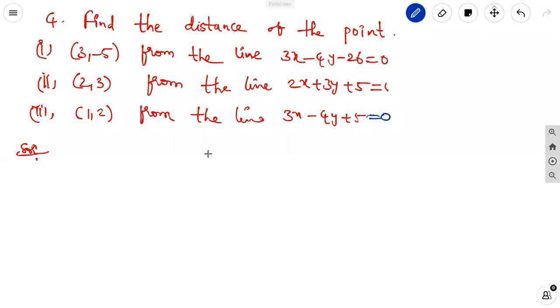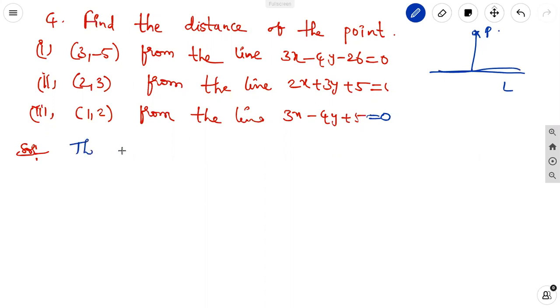Next problem, fourth one: find the distance of the point 3 comma minus 5 from the line 3x minus 4y minus 26 equal to 0. This is the line equation and this is the point P. To find the distance from point P to the line, first we recall the formula.